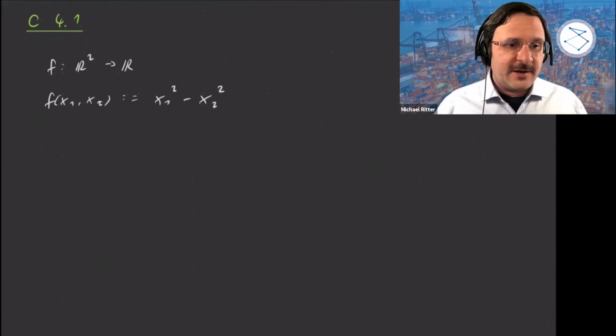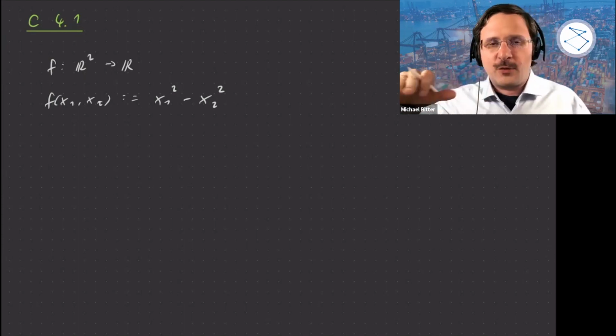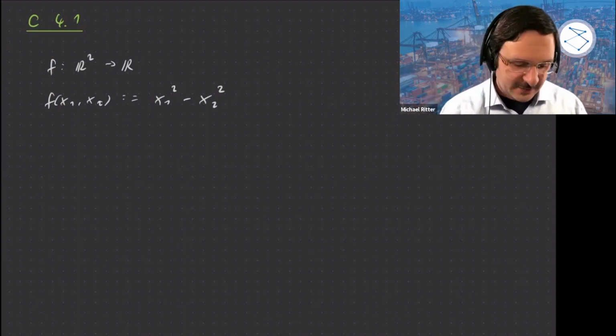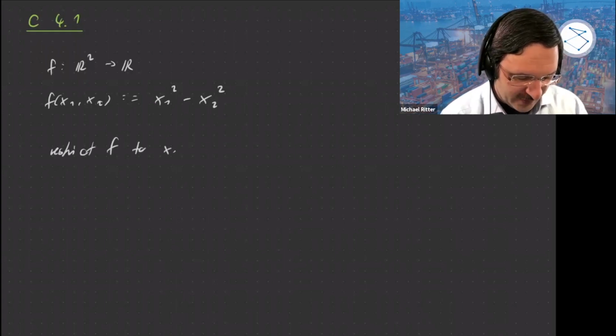Okay, so let's maybe start with the restrictions of f to the coordinate axis to get an idea of how f looks like if you view it based on one coordinate axis. So let's see if we restrict f to the x1 axis first.